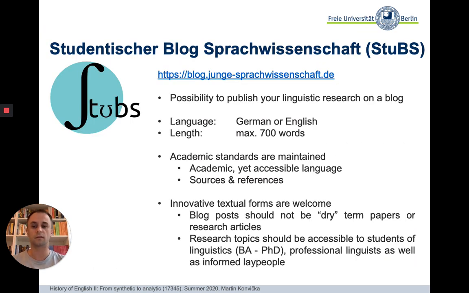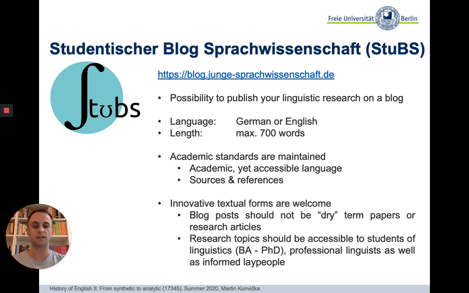Another thing that you might do is to have a look at STUPS. STUPS stands for Studentischer Blog Sprachwissenschaft. It's a platform that actually gives you the possibility to publish your linguistic research. You'll have to write it in German or English, and your paper will have to have the maximum length of 700 words.